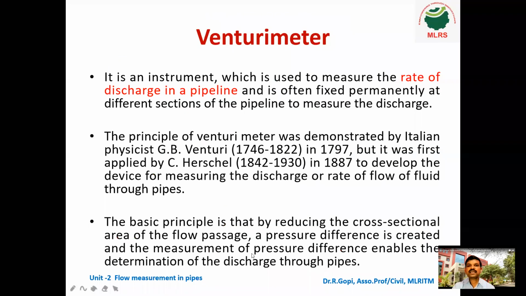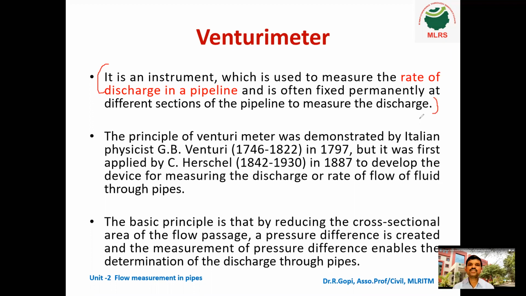So, the Venturimeter. Let us see the Venturimeter in this class. The Venturimeter works based on the Venturi effect only. It is an instrument used to measure the rate of discharge in a pipeline, and is often fixed permanently at different sections of the pipeline to measure the discharge.